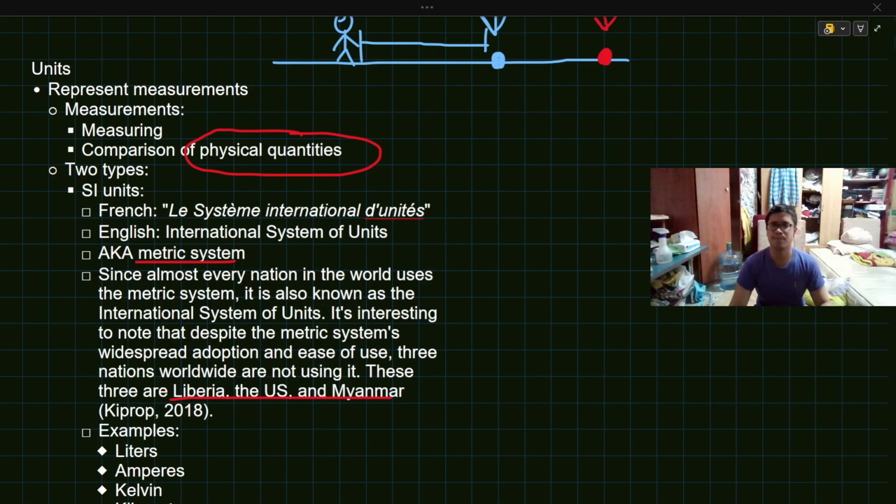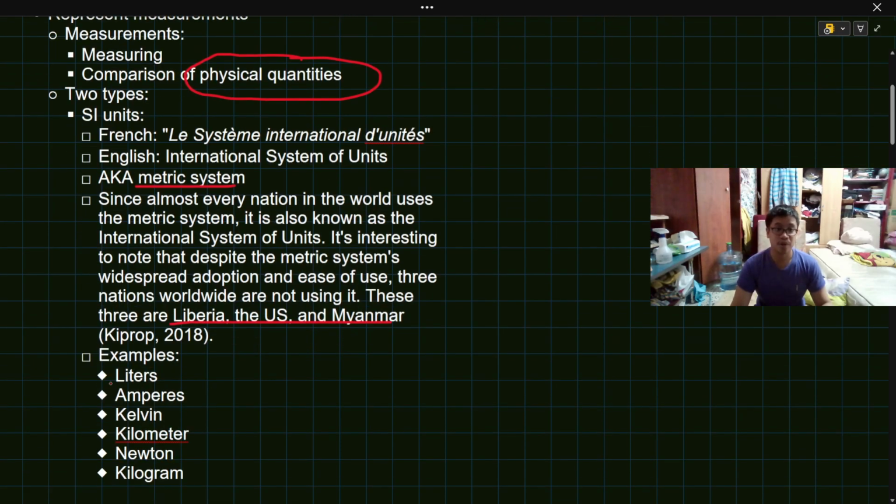So what are examples of these units? We have liters. These are very useful for measuring liquids. Let's just say you have 200 milliliters of water, 2 kiloliters of juice or alcohol, and so on and so forth.